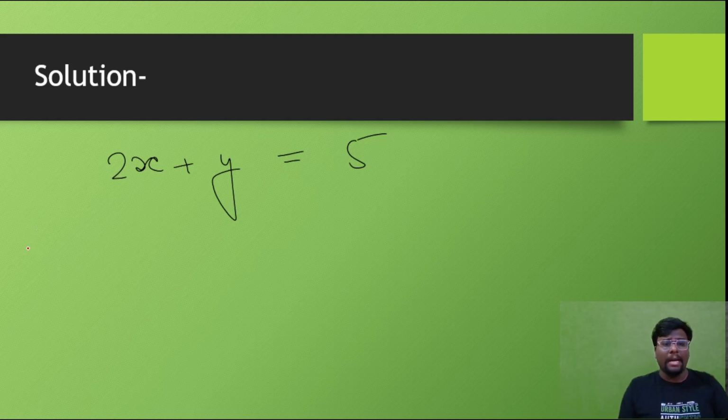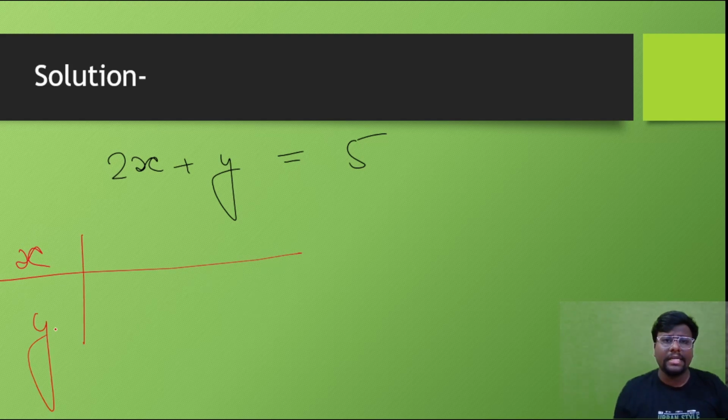Let's take an example. When we consider x and y, how will we take out the value? Let's check it out. Start by assuming the value of either x or y, choose any one, with the lowest possible values.